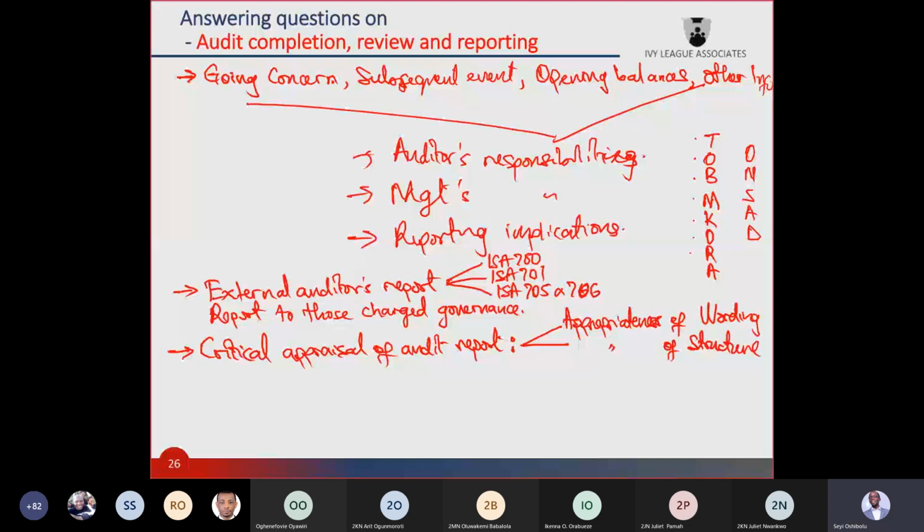And then where you have EOMP, other matter, you must know where it should be inserted.